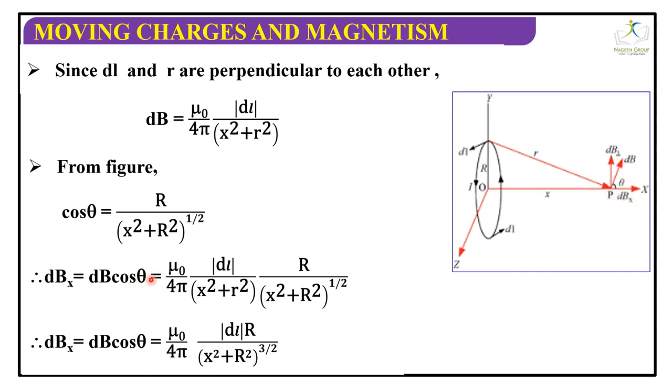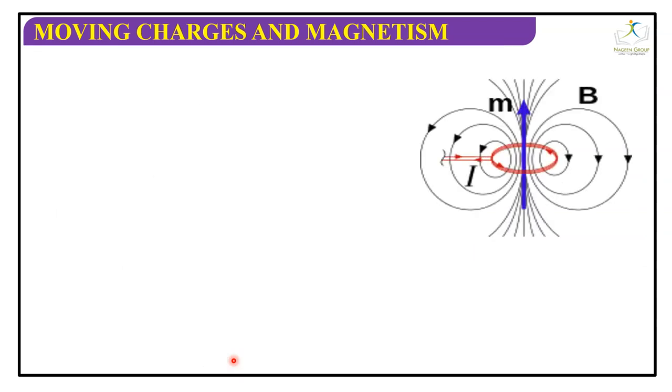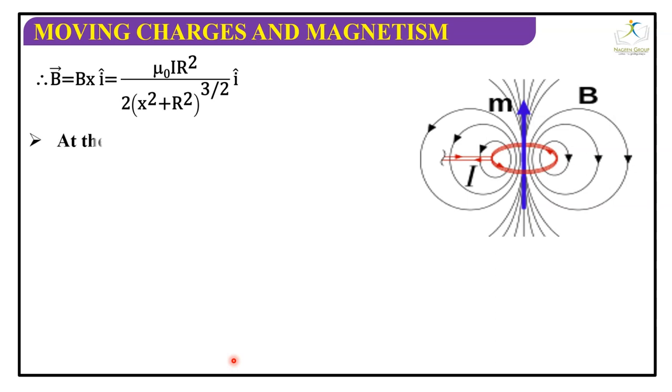So for dB cos theta, we put the value of cos theta and get the equation for dBx, that is mu naught by 4 pi, dl R divided by x square plus R square to the power 3 by 2. Taking this value along the x-axis, the direction of the magnetic field is in the i cap direction.